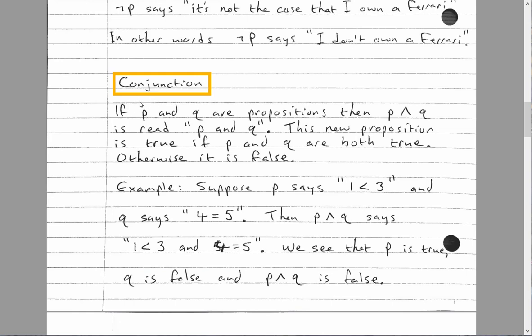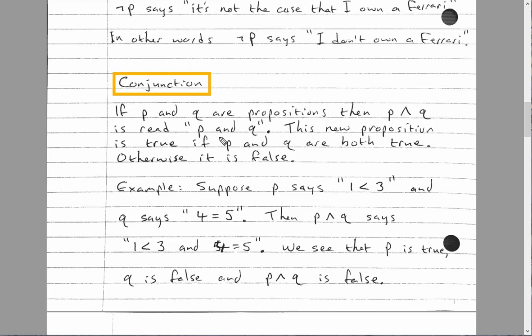Okay, the next operation is called conjunction. So this takes two propositions, say P and Q, and we use this symbol, like an upside down V, for conjunction.